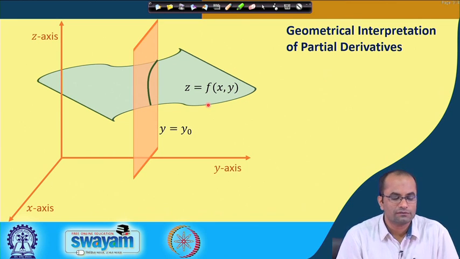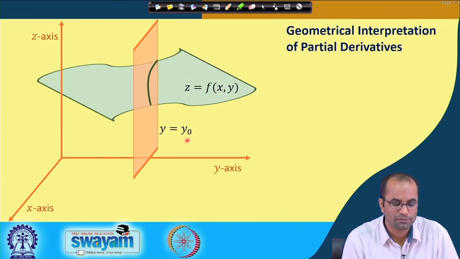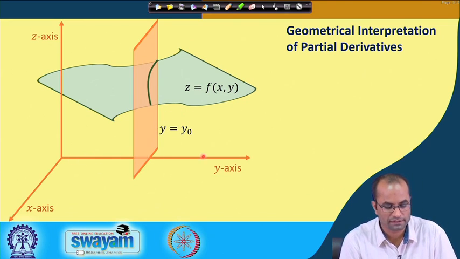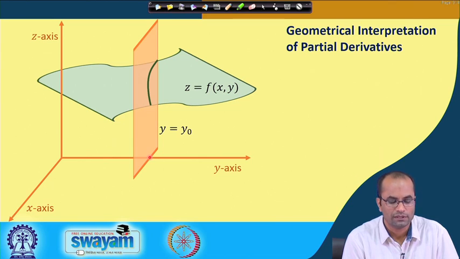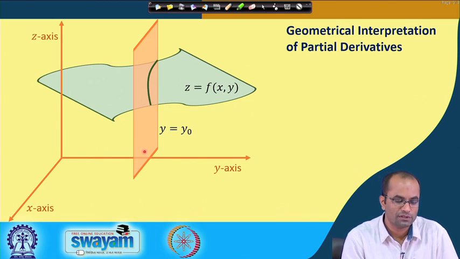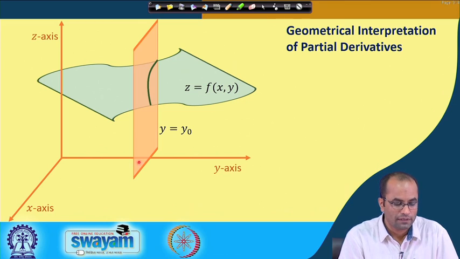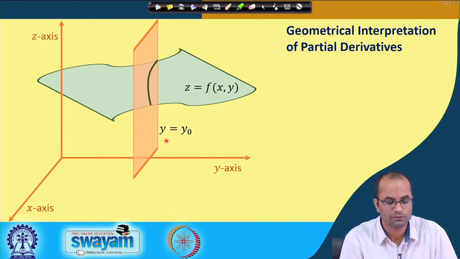If we cut this surface by a plane y equal to y0, this is the y axis, so here we have a point on the y axis, y equal to y0, and this is the plane. Here all the values of y are y0, and the others are constant.